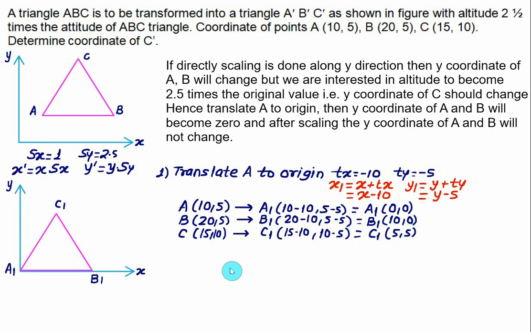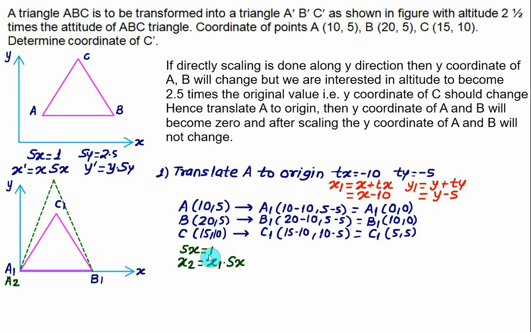At this stage, we'll do the scaling, and we want to increase the height by 2.5 times. So a1 and a2 will remain the same, because we are going to use sx equal to 1. In that case, x2 will be equal to x1 into sx.